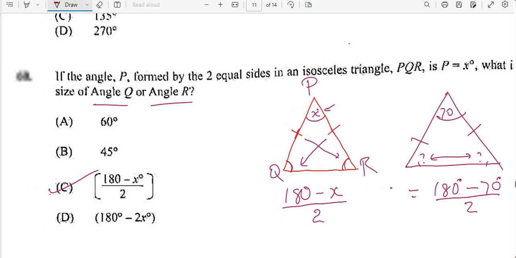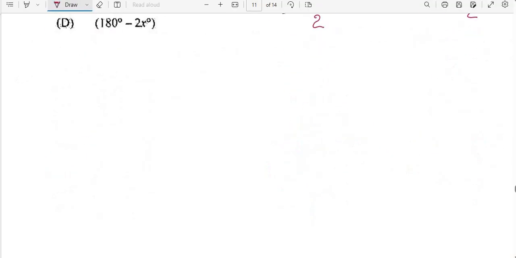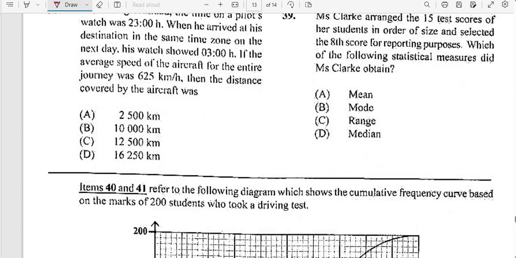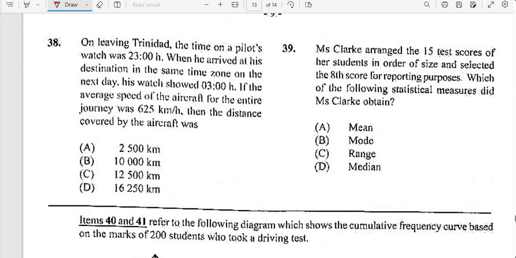Okay. Now let's look at those that we would have missed out on. Yes, 38 and 39. On leaving Trinidad, the time on the pilot's watch was 23 hours.